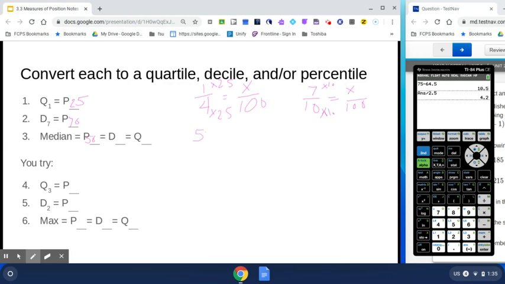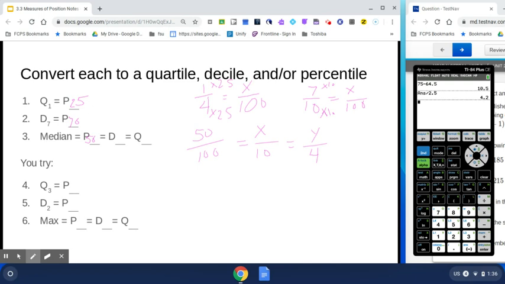The 50th percentile corresponds to a particular decile. Decile means 10. And a particular quartile. Quartile means 4. So we're going to solve that for both X and Y. Notice that 50 is just half of 100, so what's half of 10?